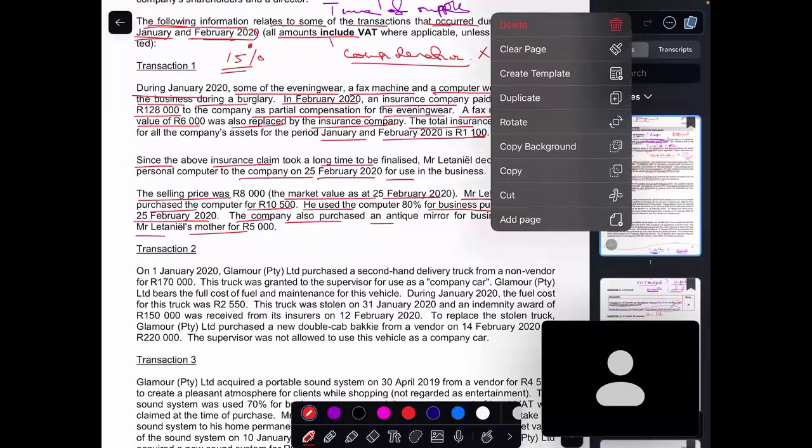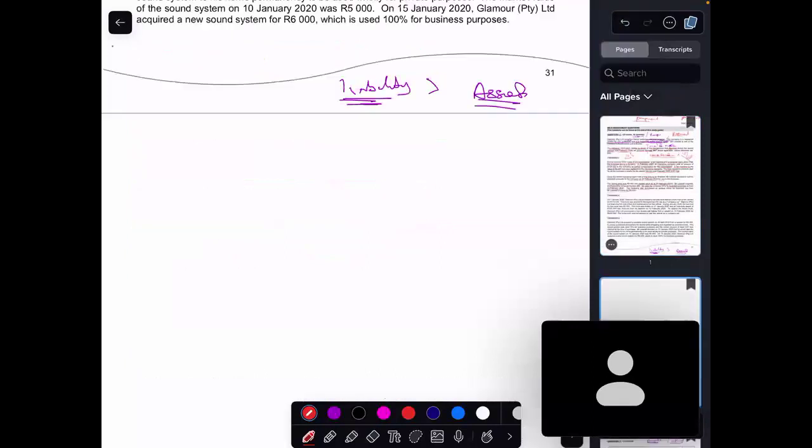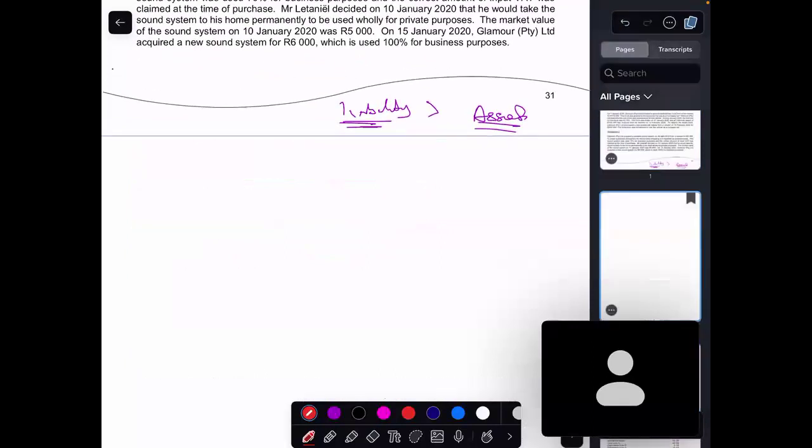So then how do we go about it? First, you have to identify items or transactions that give rise to VAT output. There's too much information.